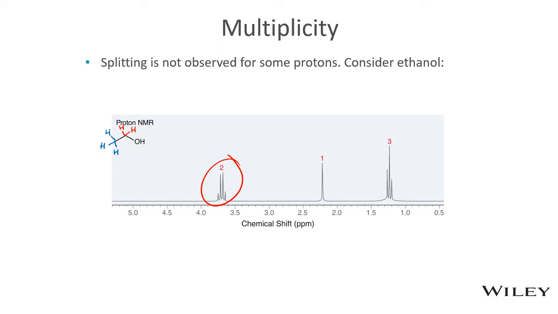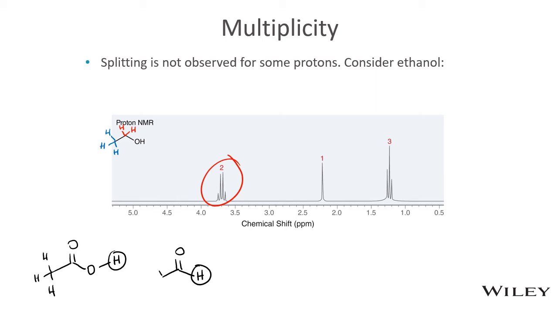Other types of hydrogens that do not participate are carboxylic acids. These ones are mainly because they're too far away from any neighboring hydrogens. For any of the closest hydrogens, it would still be 1, 2, 3, 4 bonds away. For aldehydes, it's very rare that they participate in splitting.